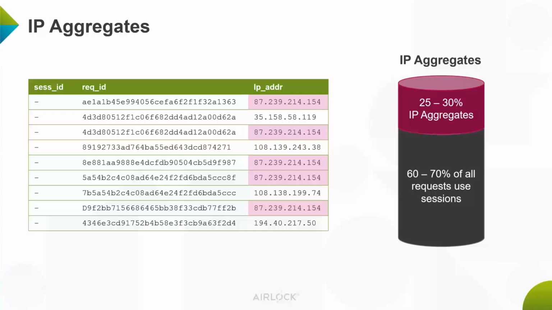With IP aggregation on top of that, we can detect even more, an additional 25 to 30% of bots, and can block these kinds of requests successfully.